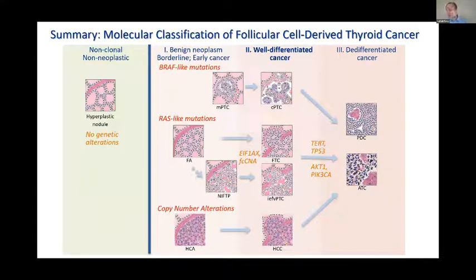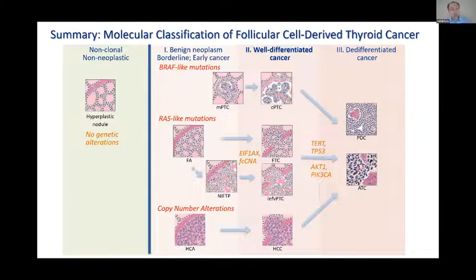So to summarize what we discussed today, if we want to talk about molecular classification of follicular cell-derived thyroid cancer, first of all, I want to say that the fundamental biological difference between hyperplastic nodules, the most common type of nodules within the thyroid, and tumors is that a hyperplastic nodule is a non-clonal event. It doesn't develop from a single cell, and therefore it lacks any genetic alterations.